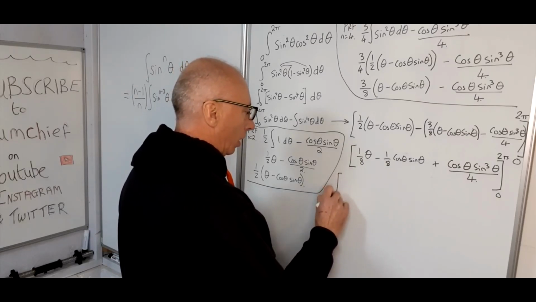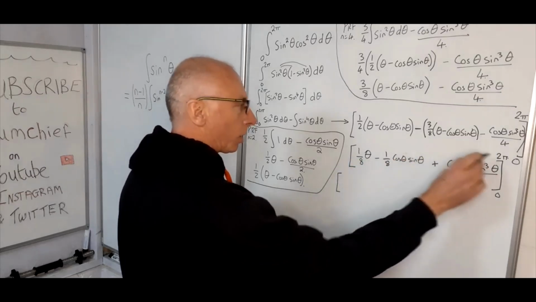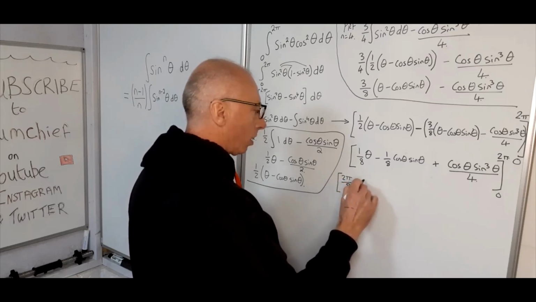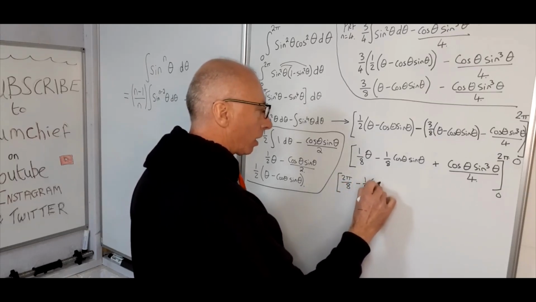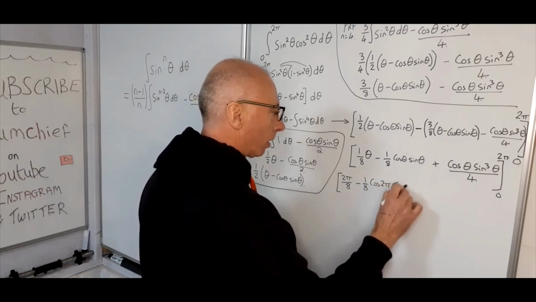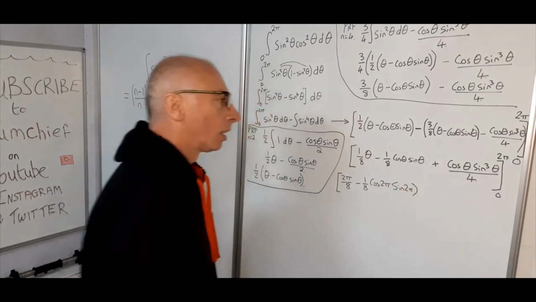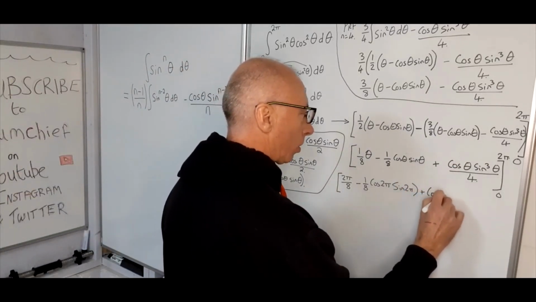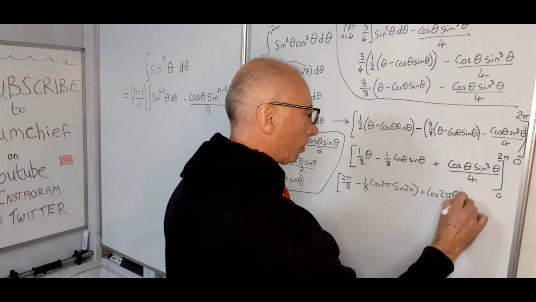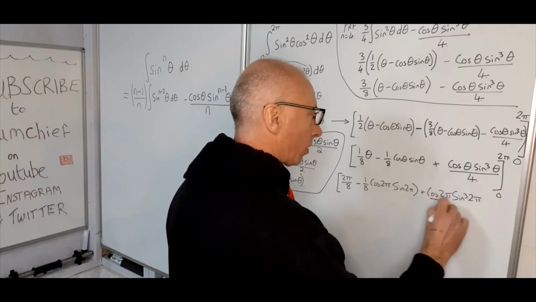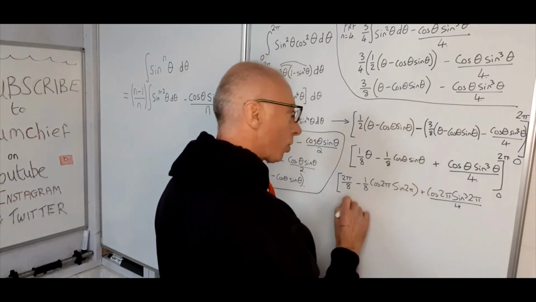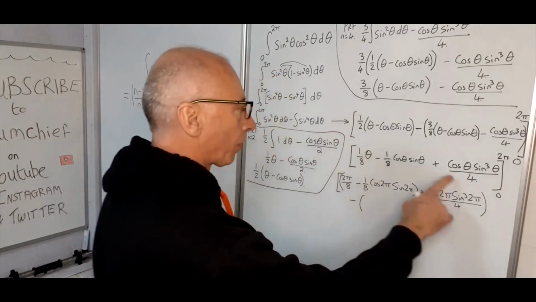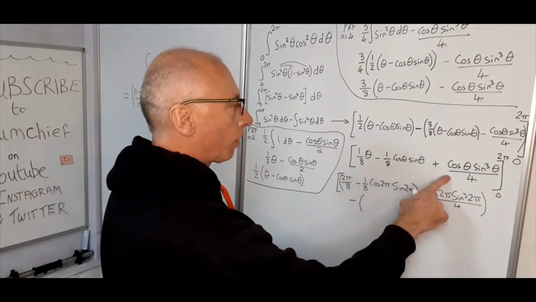So first bit first, theta is 2 pi, so we've got 2 pi over 8 minus 1/8 cosine 2 pi sine 2 pi, and then with 2 pi in here, plus cosine 2 pi sine cubed 2 pi, and that's all over 4, and then we subtract from that, so put these in a little bracket here, and then we subtract from that 0 for all these values of theta.